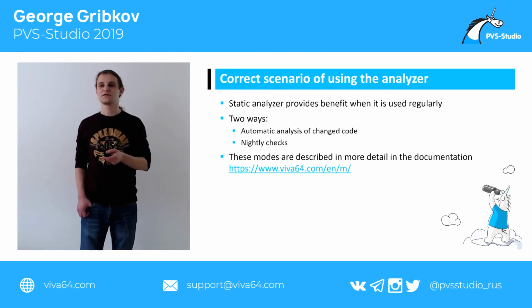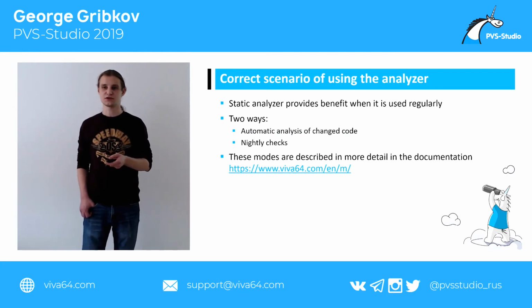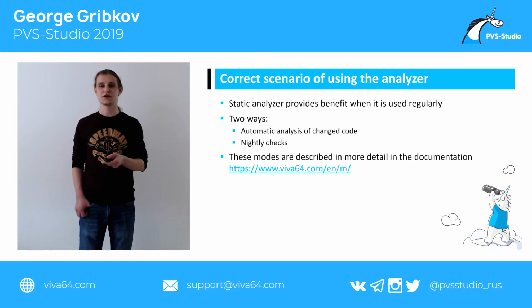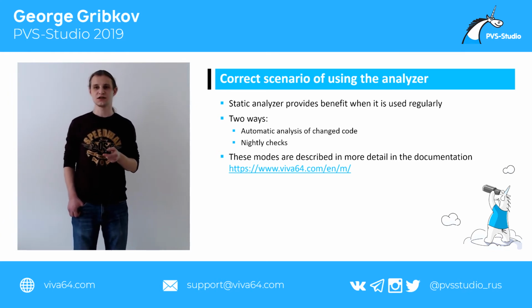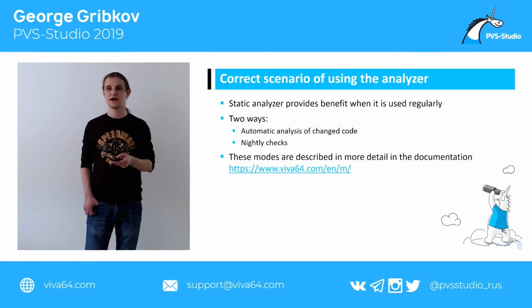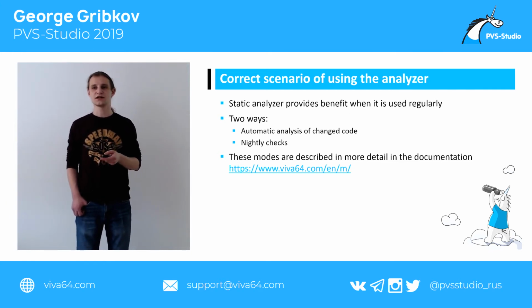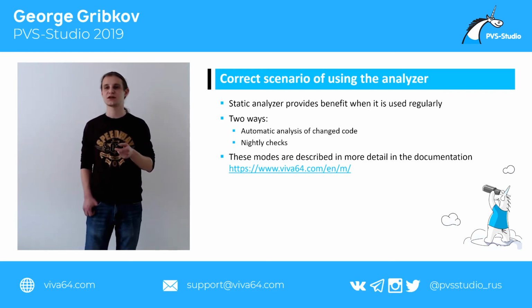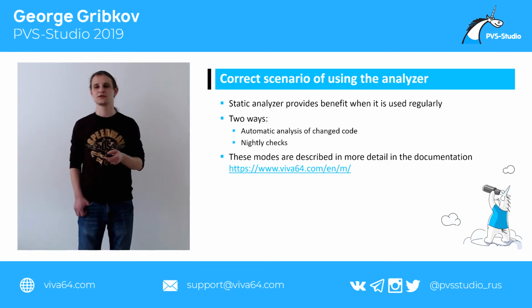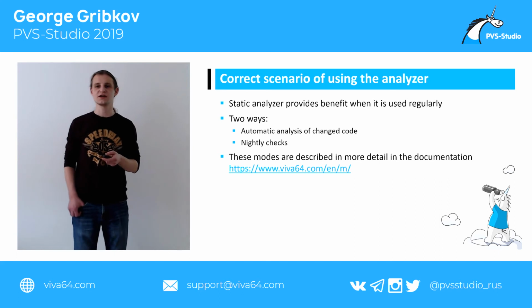In order to make it convenient for you to regularly check your project, PVS-Studio has several scenarios, of which the main ones are two: automatic analysis of the changed code and night checks. Automatic analysis of modified code, also called incremental analysis, is convenient to use directly on the developer's computers. If you enable this mode, for example, in the plugin for Visual Studio, then the analysis will automatically start after you build the project.